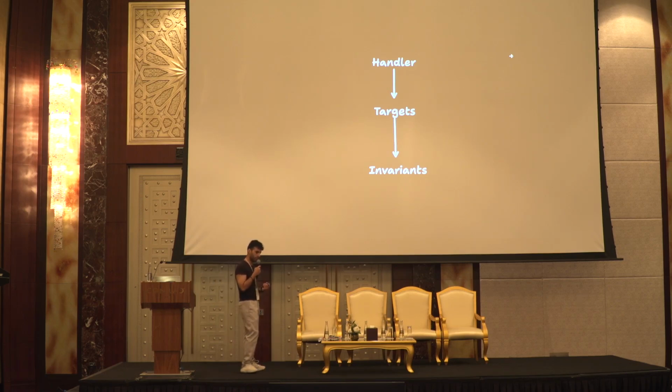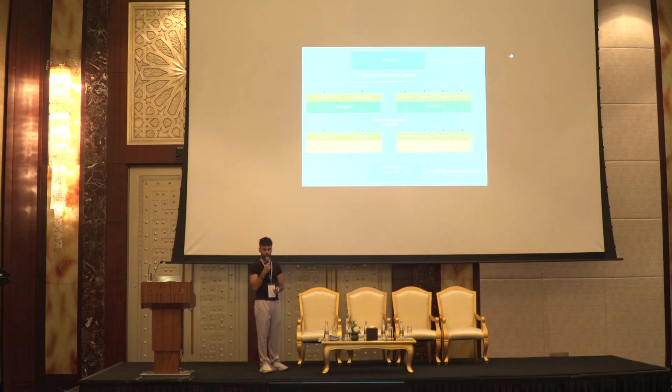The handler helps Foundry call the actual functions. As I said, if you are making a brand new AMM, then Foundry doesn't know how to make a swap, so you will have to help it out here.